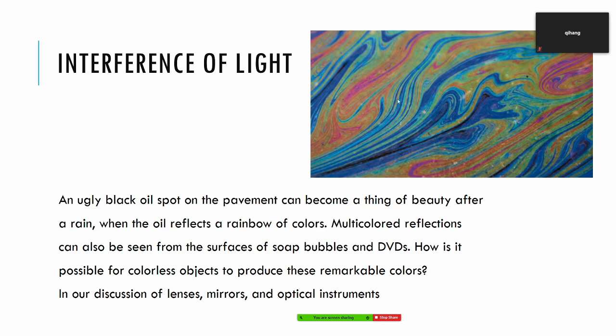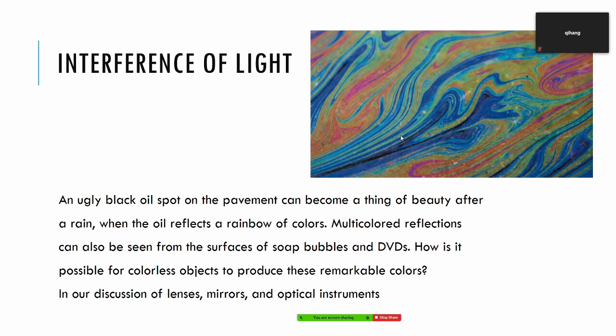Actually, this pattern is not because of the color of the oil itself. It is because of the interference of the light coming to your eye. The interference of the light makes some parts blue, some will be red, and some will be between that.